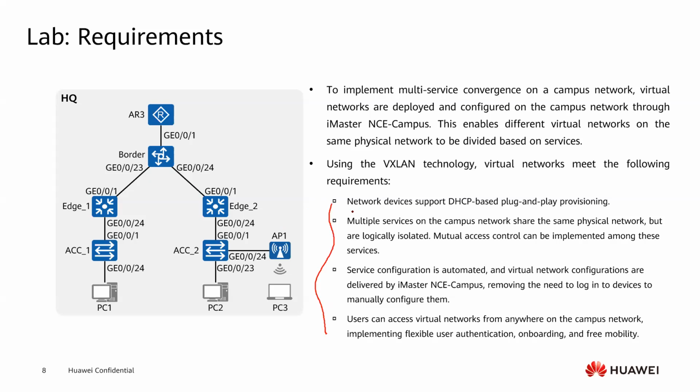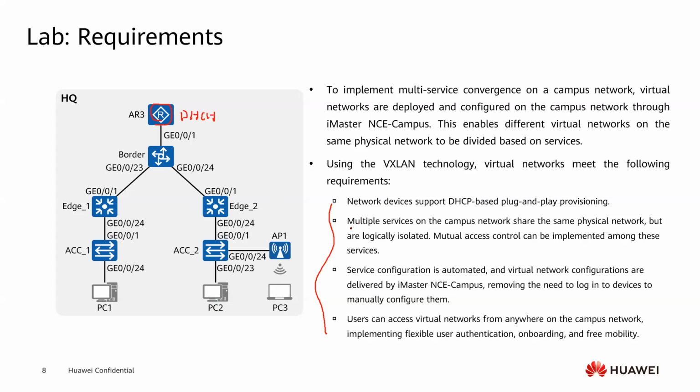First, network devices support DHCP-based plug-and-play provisioning. In our experiment, we use the AR3 as the DHCP server. It is the DHCP server for the devices to plug and play, and also for the wireless users to get an IP address, so they can connect to the network resources.